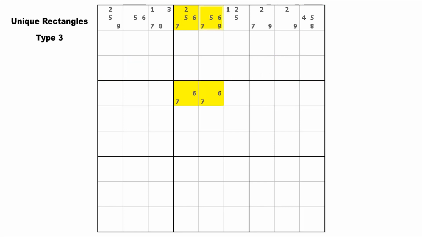All right, here in this diagram, the UR candidates are 7 and 6, and we have two non-diagonal cells up in row 1 that contain extra candidates, these two cells. But this time there are 3 additional candidates, 2, 5, and 9. So now we have to try to build a triple. So we look at row 1, column 1, and there's a 2 and a 5 and a 9 in there. And in row 1, column 8, there's a 2 and a 9.